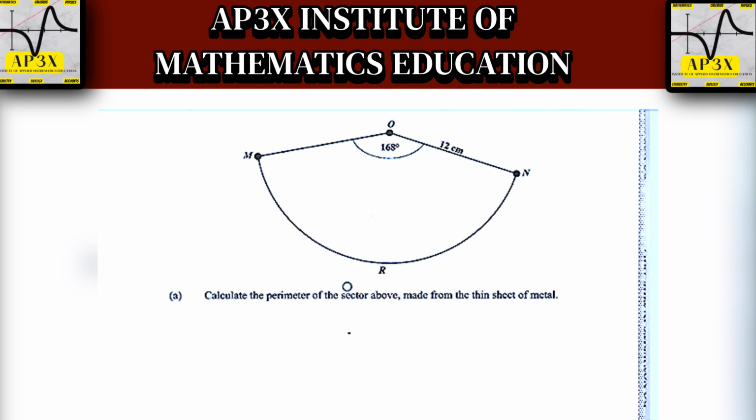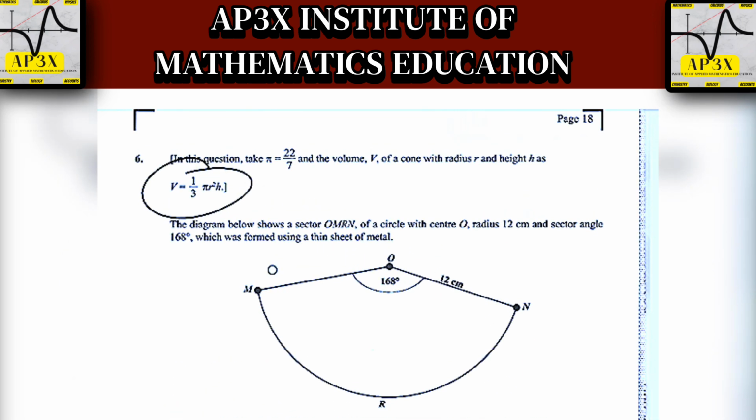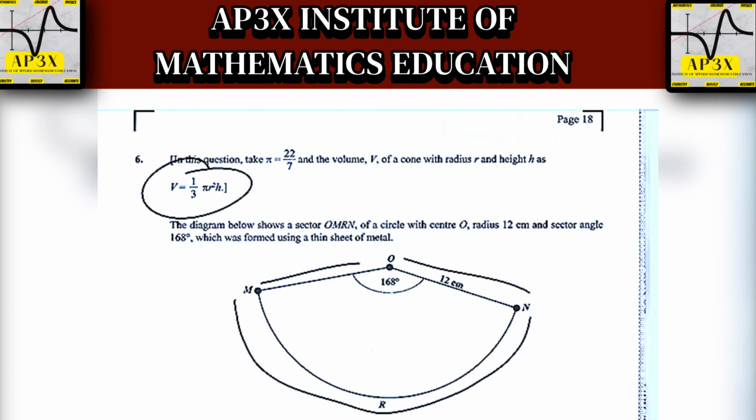Calculate the perimeter of the sector made from the thin sheet of metal. We all know that perimeter means distance around. So it's going to be this distance here plus this distance here plus all of this curved distance around here.